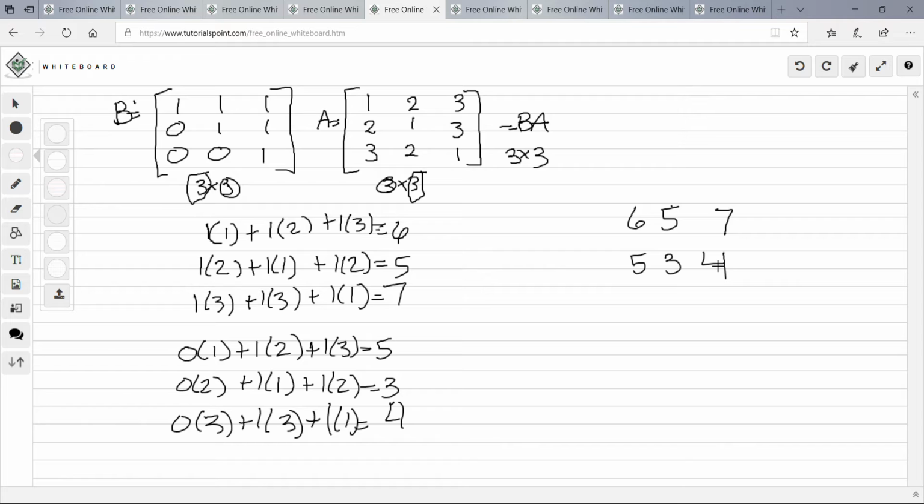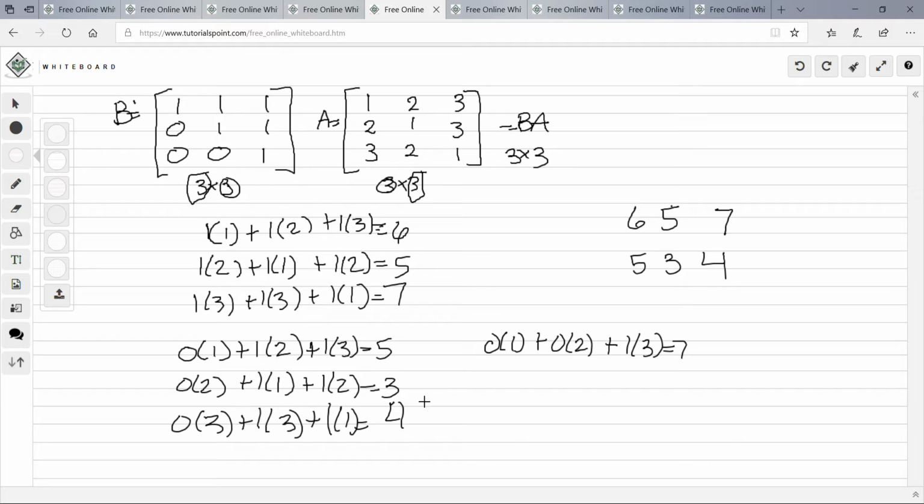Right? So what I did was I multiplied this second row by each column of A. And that's how I got 5, 3, 4. And then our third row is going to be this row multiplied by each column. So it's going to be 0 times 1 plus 0 times 2 plus 1 times 3.